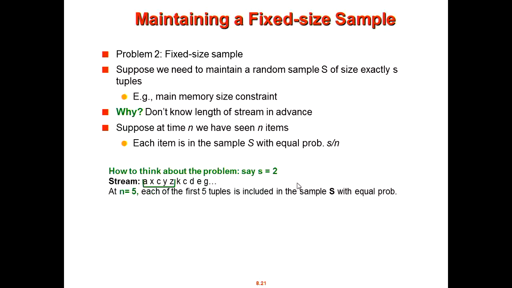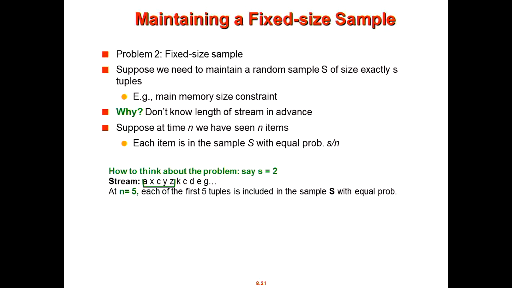At time 5, n equal to 5, and we received 5 elements. Okay, so each of the first 5 tuples is included in the sample S with equal probability. So the idea of the fixed size sample is to guarantee this. At any time point, we wish that all the tuples we have received so far are included in the sample set S with equal probability.